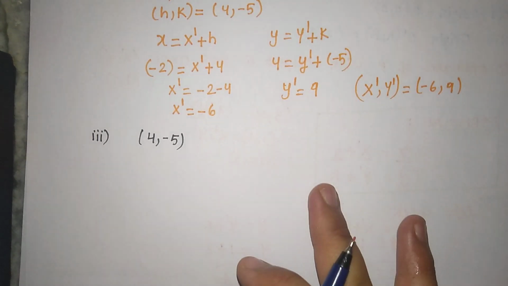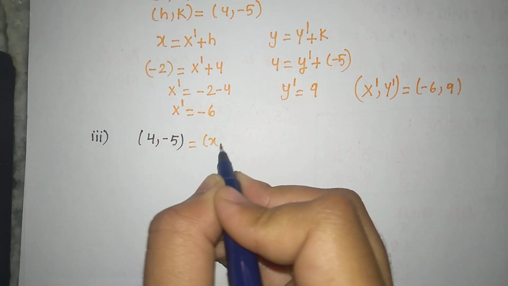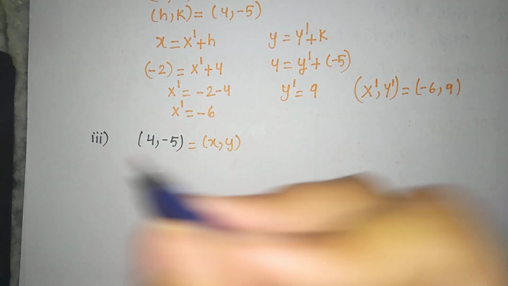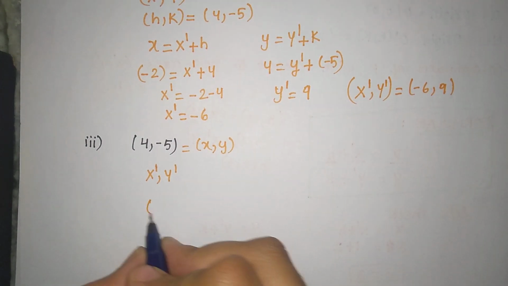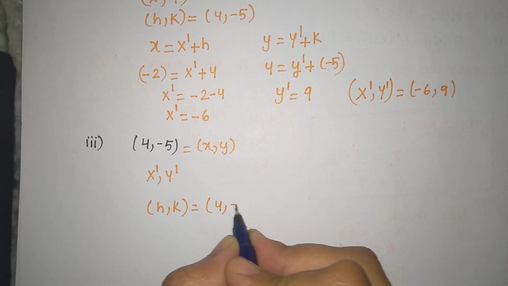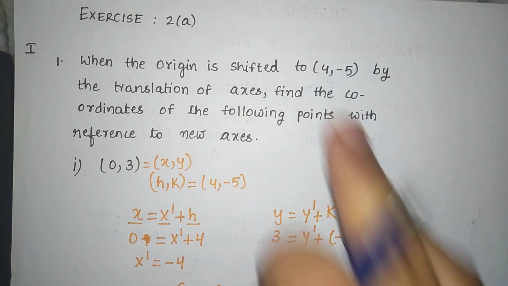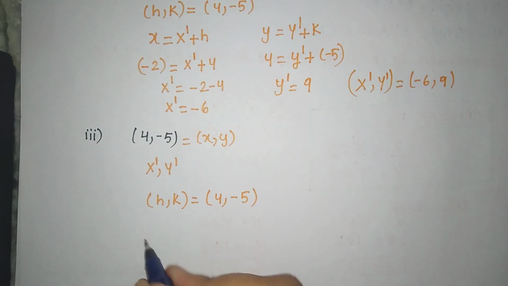Okay, we will do a similar problem. Given the old axis, you have to find the new axis. They have given the shifted origin. The shifted origin is 4 comma minus 5. For all the three sums they have given in the question the shifted origin as 4 comma minus 5. Okay.